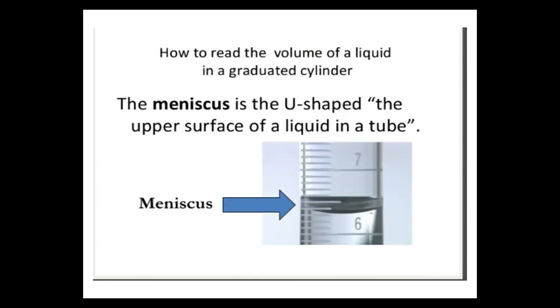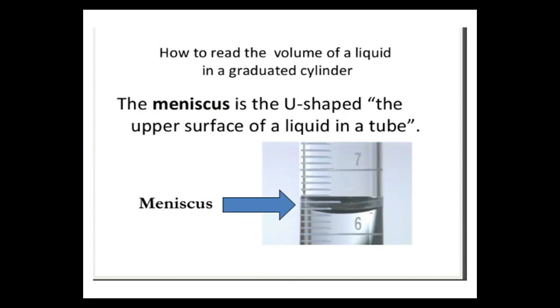How do we find the measurement of a liquid? The position where we take the measurement is called the meniscus. The meniscus is the lower point. If you observe any liquid, you will see a U-shaped structure. For example, we take some quantity of water in a measuring cylinder. You will observe that the cylinder shows a U-shape.